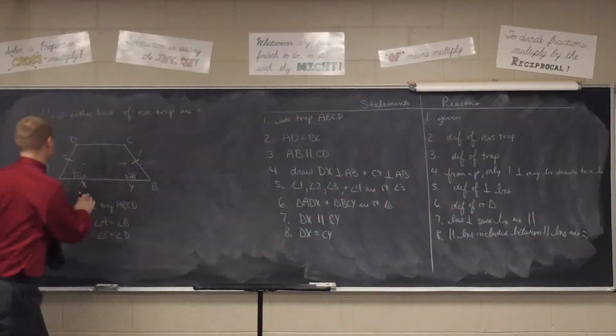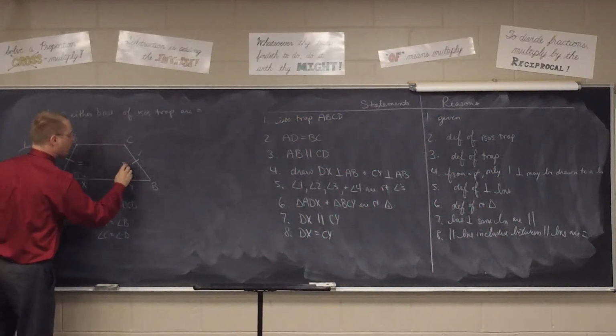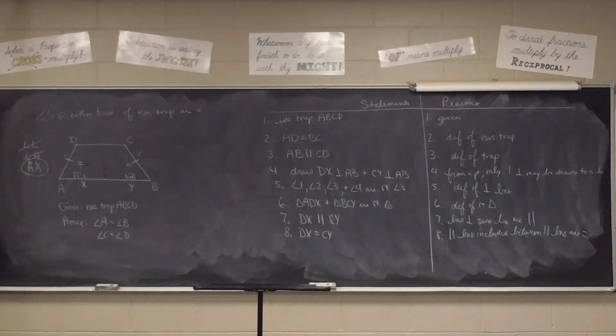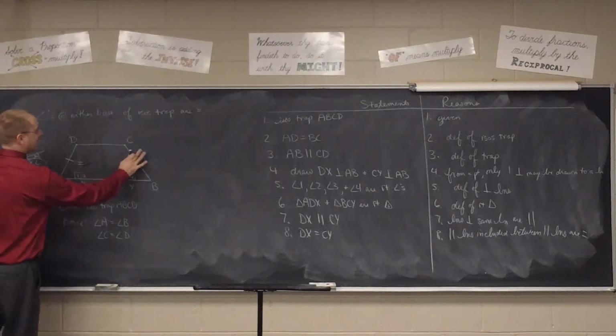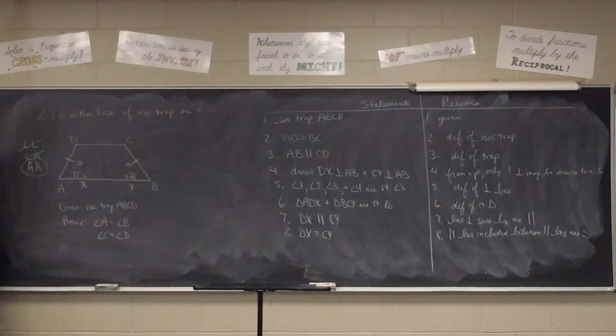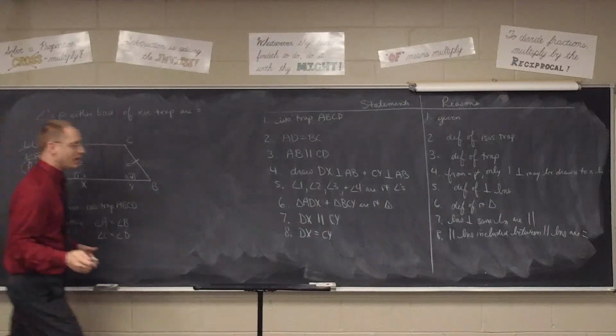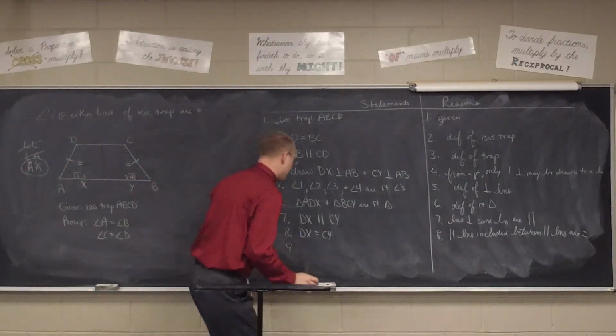So Genesis, since these are equal, then my triangles are congruent by hypotenuse leg.